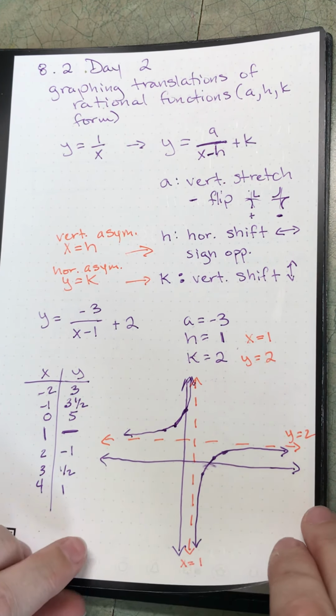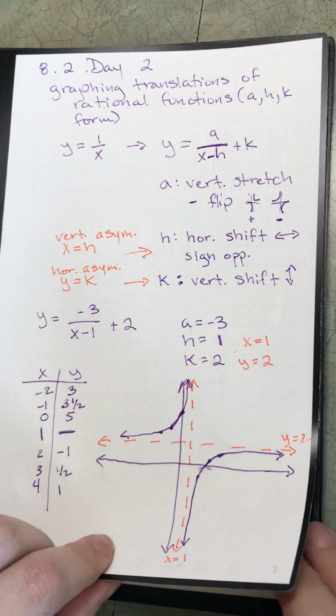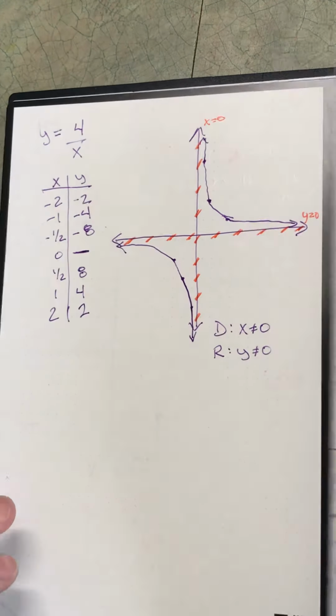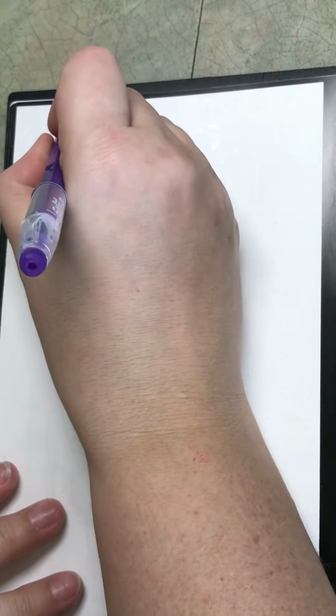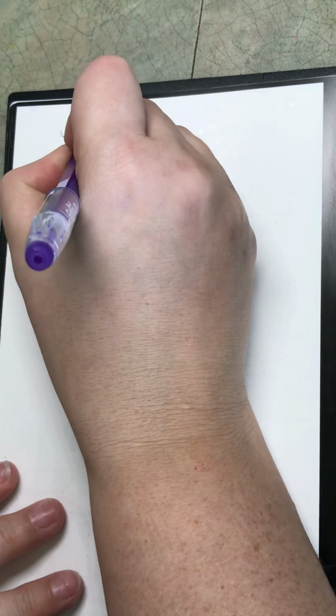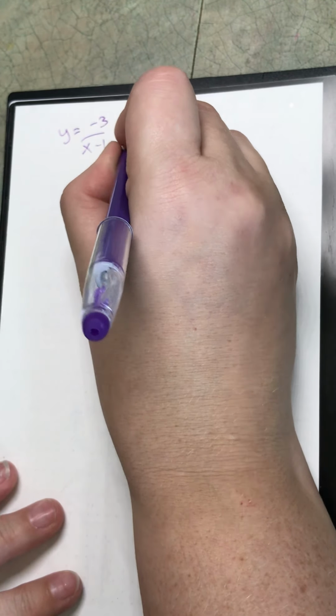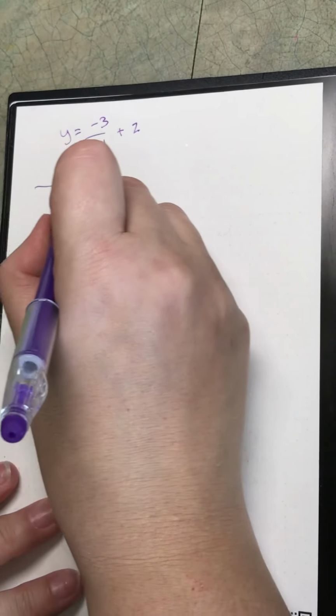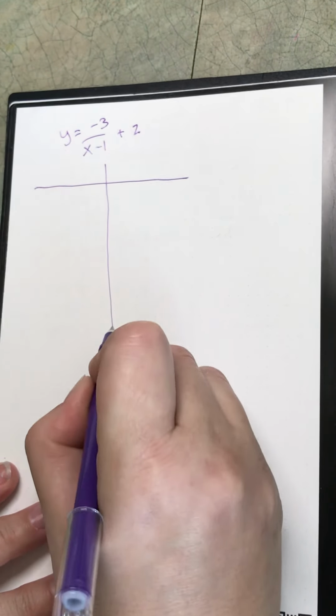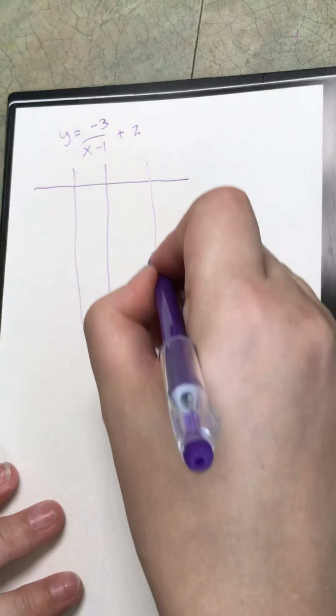Alright, so then the other way that we could build the table is with negative 3 over x minus 1 plus 2, using our 4-column table.